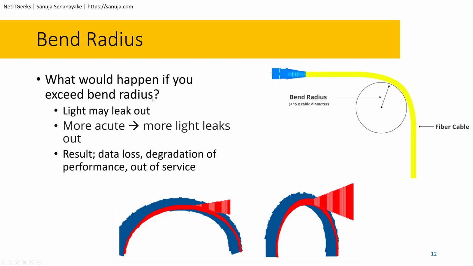So if you exceed the manufacturer's recommended bend radius, you accidentally bend it too far, and then even after you straighten it out, it may result in light leakage. That means you are losing photons. That means you may be losing packets, or even a packet may not get switched at all.